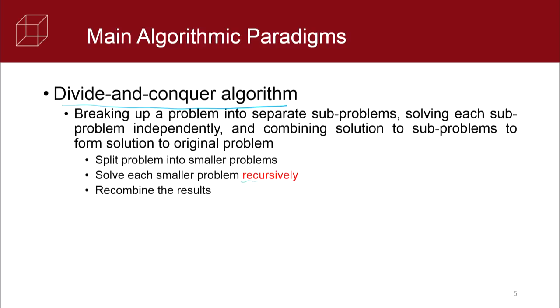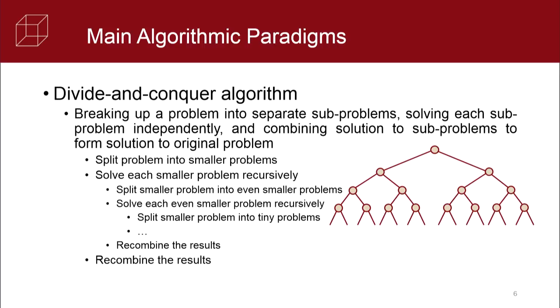So let's take a look at the meaning of recursively. This smaller problem is still big to solve, and it is somehow difficult to tackle given its size. So recursively means you split this smaller problem into even smaller problems, right?